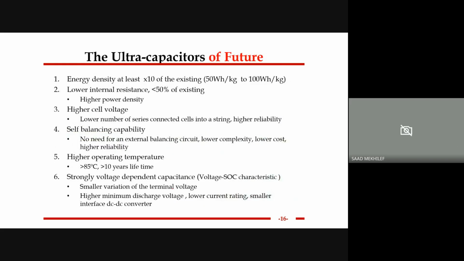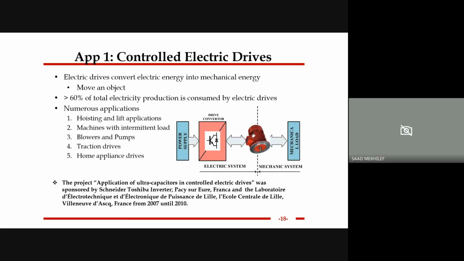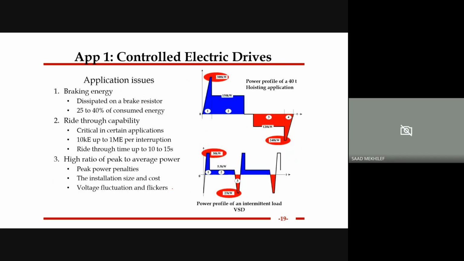For example, if we have a load, in some applications we have a motor, for example a water pump.